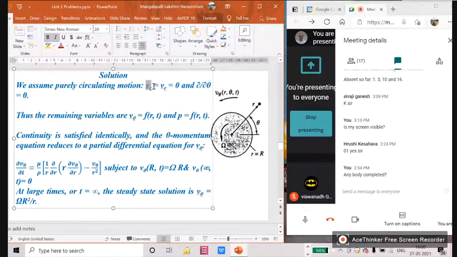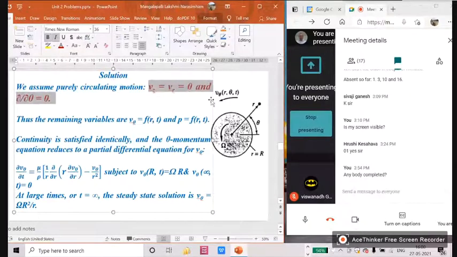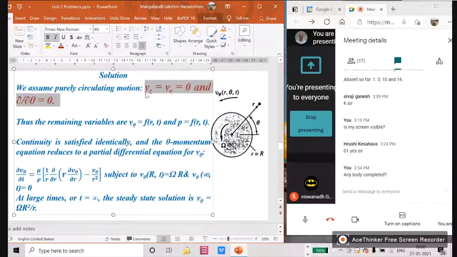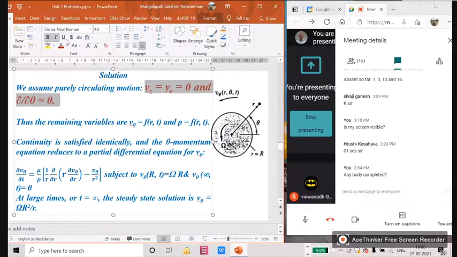That means Vz is equal to 0, Vr is equal to 0, and dou by dou theta is 0.